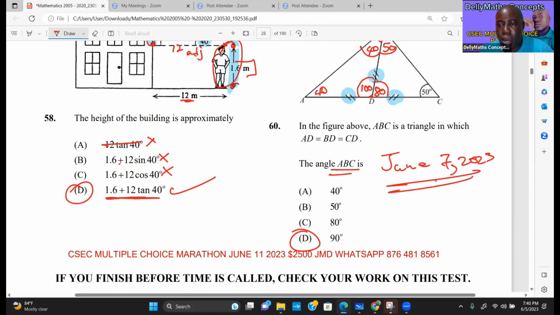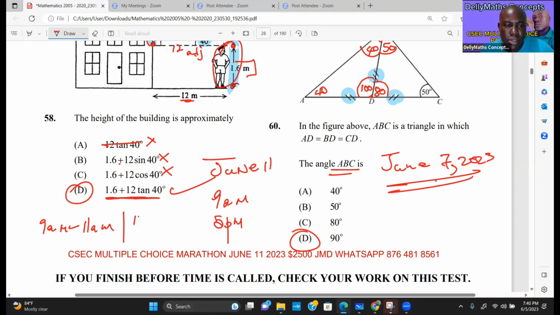So that you could get them ready to work on Sunday, which is the marathon, June 11th, starting exactly 9 a.m. We are ending at 5 p.m. So 9 to 11, workshop, going through papers, lunchtime from 12 to 2 p.m., going through more papers.